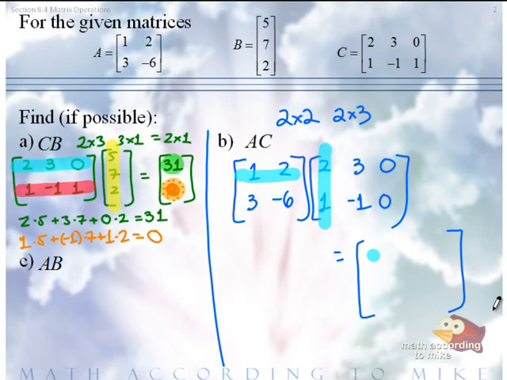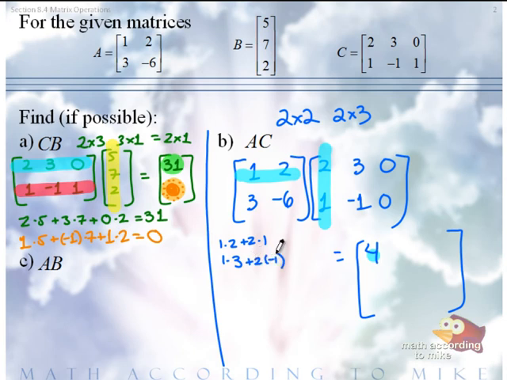But otherwise, not really. So that 1, 1 entry would be 1 times 2 plus 2 times 1. What will that give you? 4. That 1, 2 entry would be 1 times 3 plus 2 times negative 1.